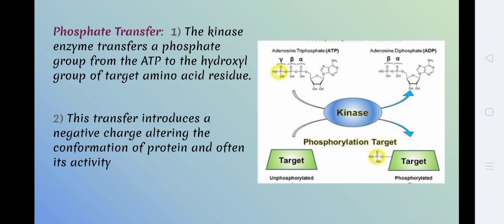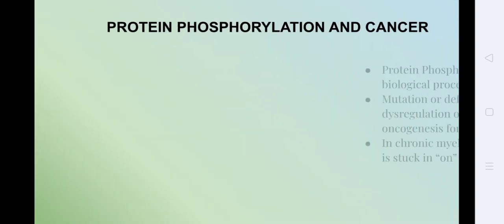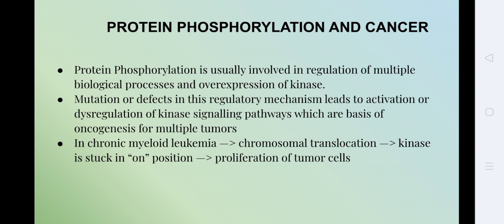Then, protein phosphorylation and cancer. As you all know, there are various regulatory mechanisms in a cell or body which are necessary for the functioning of our body. So, if there are any mutations, deletions, defects in it, definitely some conditions will be seen phenotypically in our body.